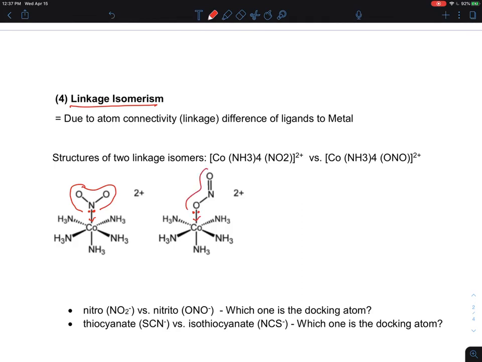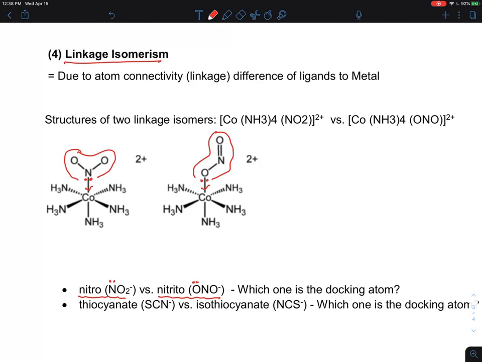as the same molecule as a ligand, and depending on which lone pair from which atom, the nitrogen atom or the oxygen atom, they can be called nitro and nitrito. They are different. Okay.